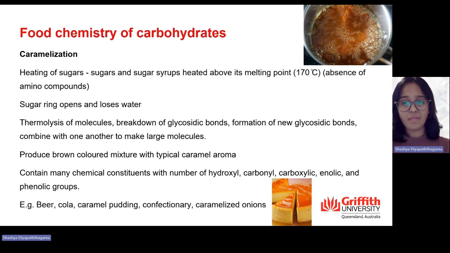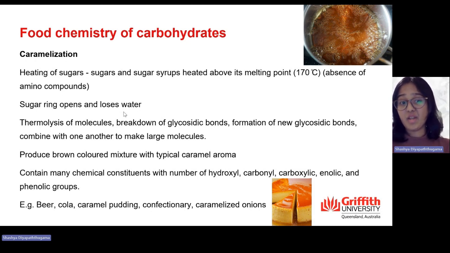But caramelization happens in the absence of amine compounds, just the sugars are undergoing this reaction. So you might have seen this when you are heating sugar in a pan. It looks like the sugar is just melting and then it's becoming brown, but it's not just melting. A series of reactions are happening within this food system.